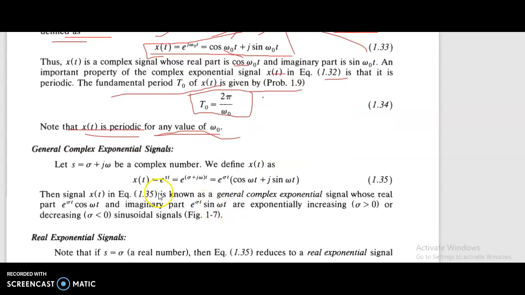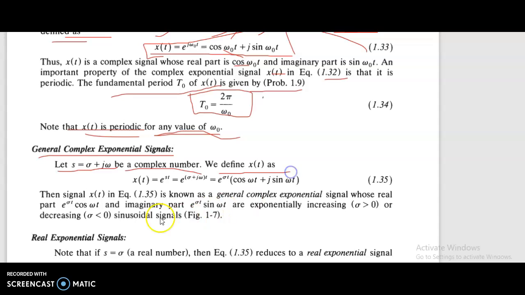General complex exponential signals. Let s equal to sigma plus j omega be a complex number.